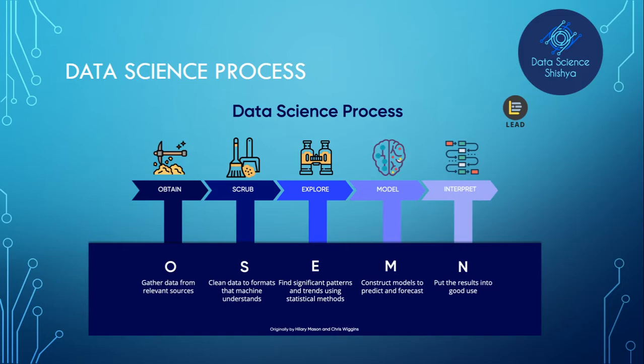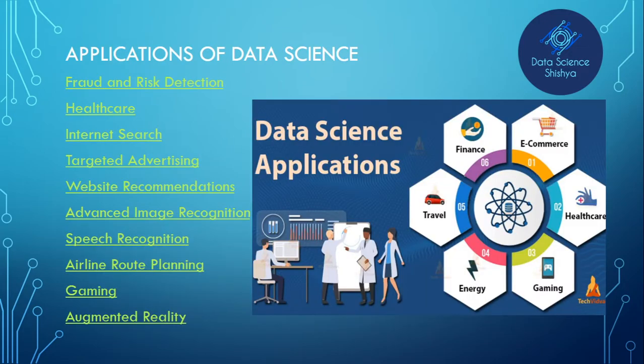Now what are the applications of data science? Data science is used in fraud and risk detection in many companies, and it is also used in healthcare in evaluating the performance of medicines. For example, a particular type of medicine was very effective in the late 90s for a certain disease, killing the bacteria, and now it is not working on that type of bacteria.